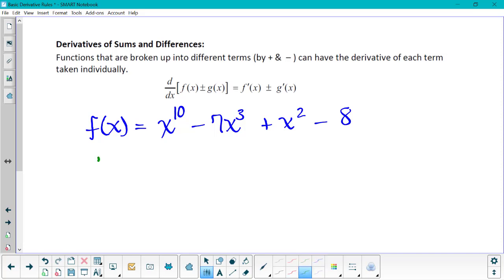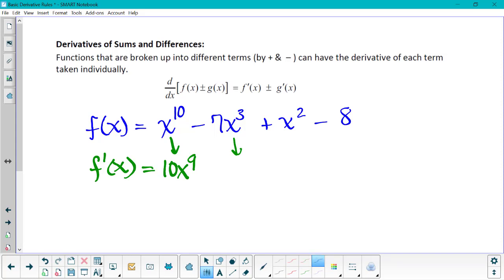All right, so my derivative then is basically, what's the derivative of x to the 10th? 10x to the 9th. Plus or minus, plus minuses add the opposite basically. Then, what's the derivative of, we can think of that as negative 7x to the 3rd?